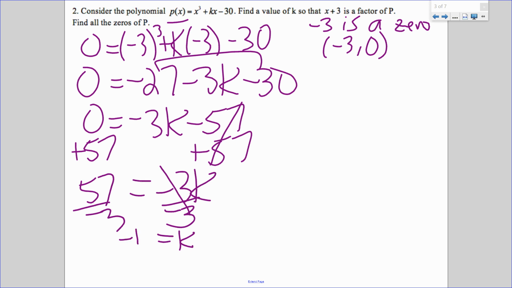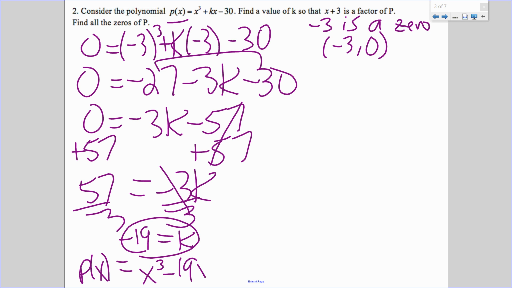I get k to be negative 19. So my equation is p of x equals x cubed minus 19x minus 30.